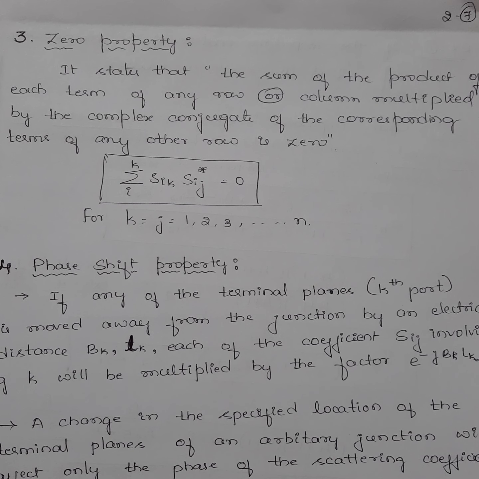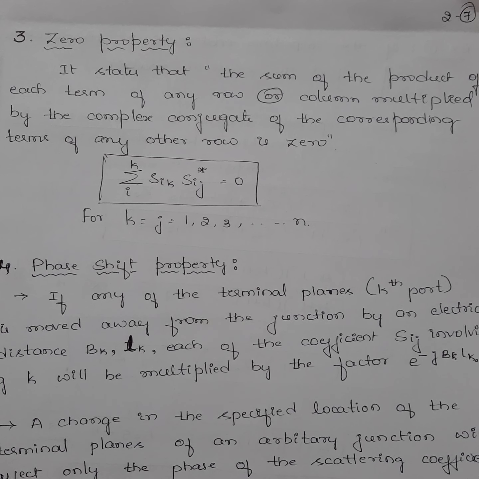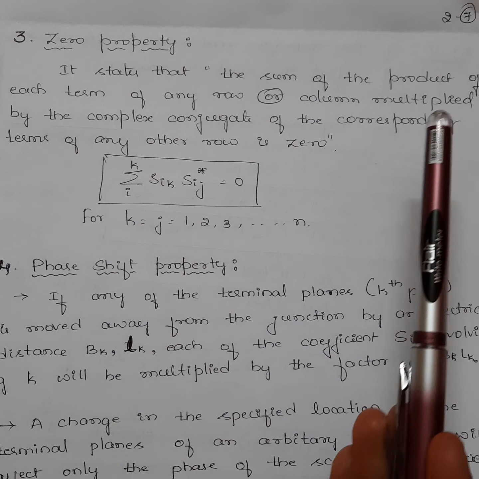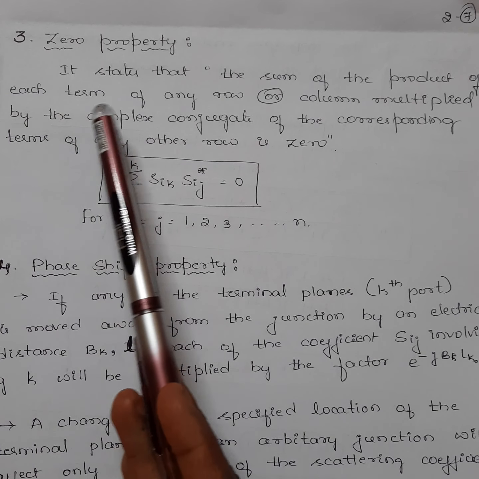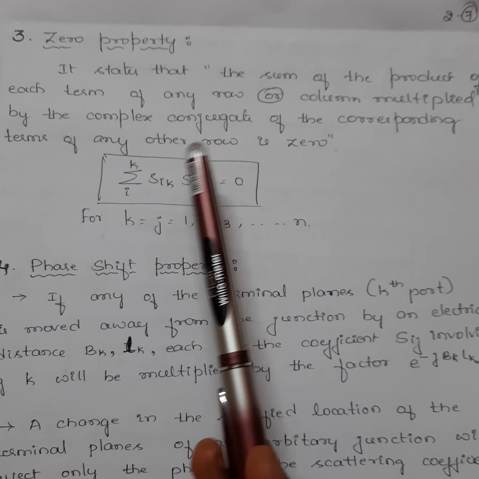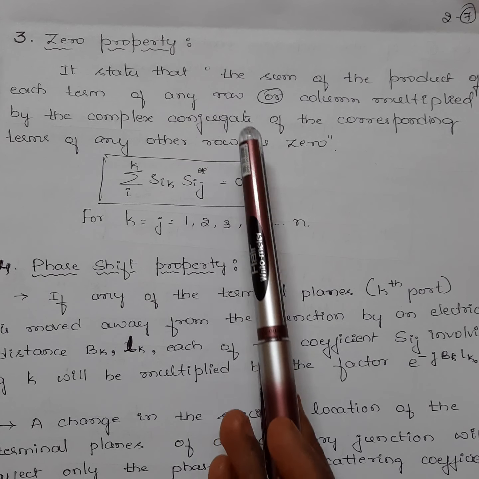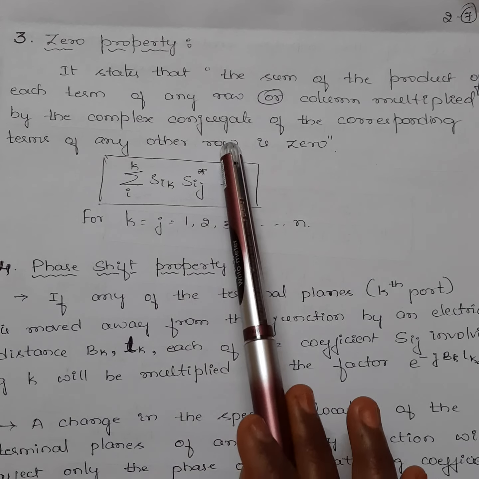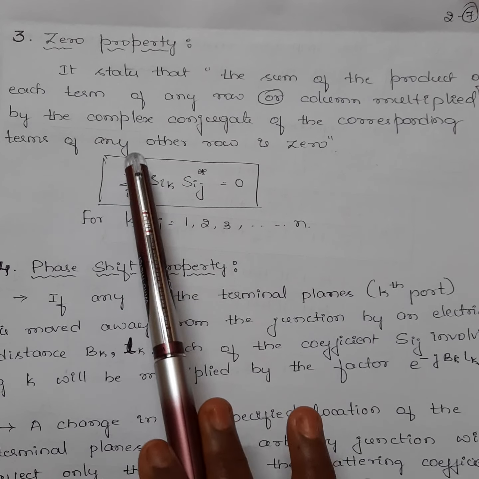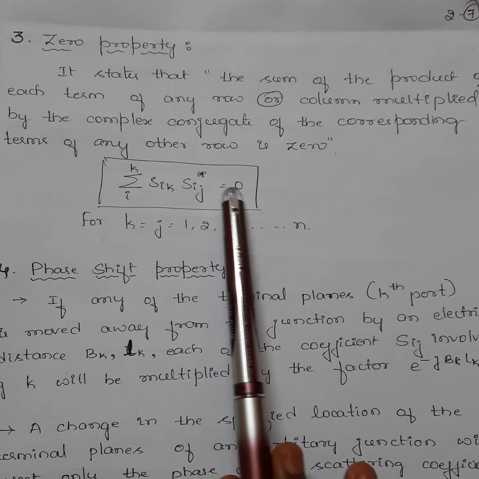The third property is the zero property. It states that the sum of the product of each term of any row or column multiplied by the complex conjugate of the corresponding terms of any other row is going to be equal to 0.